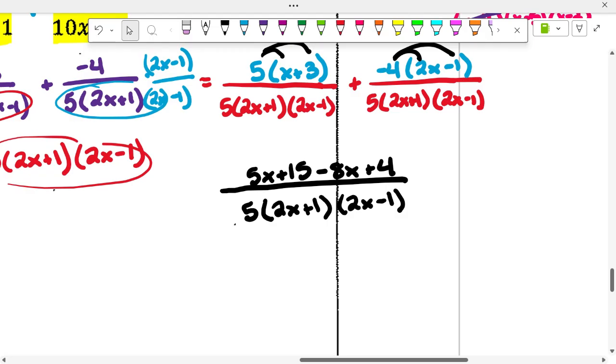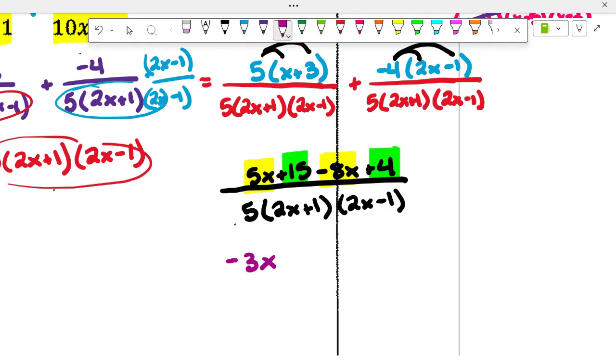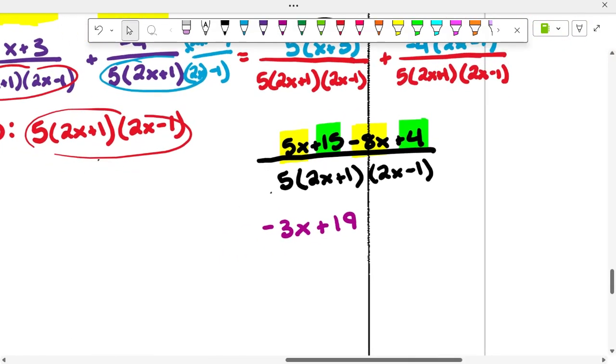And then I just combine like terms. The x's go together, constants go together. So on top, I got negative 3x plus 19, all over 5 times 2x plus 1, 2x minus 1.